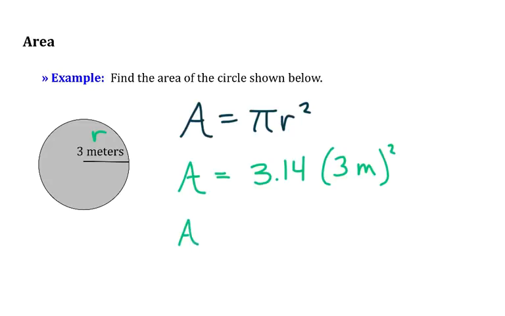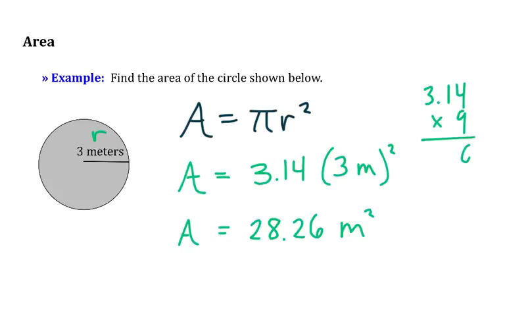So in this case, our area would be approximately 28.26 meters squared. So you can verify that 3 times 3 is 9, and then 3.14 times 9 would have given us our 28.26. So the area of the circle is 28.26 square meters.